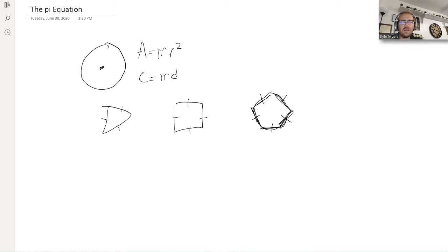What about that? And then what if you just kept going? Then eventually you would have so many sides that it would basically be a circle. So if we figure out what the pattern is in order to figure out what pi is, we could probably work something out there. That's kind of what my thought was, right?